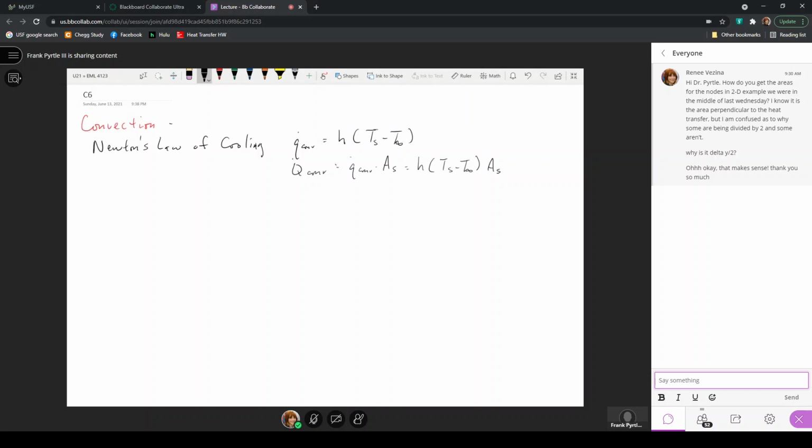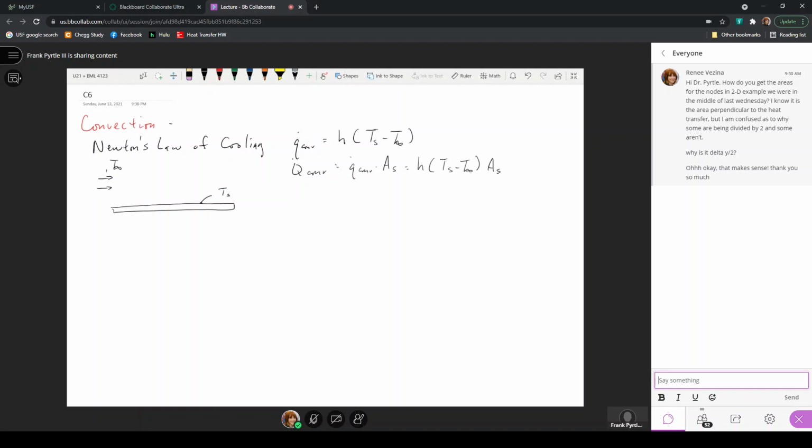Now, anytime that we're talking about convection, we're considering a moving fluid, so that if this is a solid surface with a surface temperature associated with it, here we usually indicate some fluid velocity, V, and an ambient temperature, T infinity.